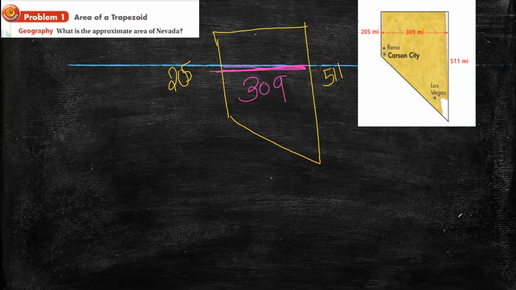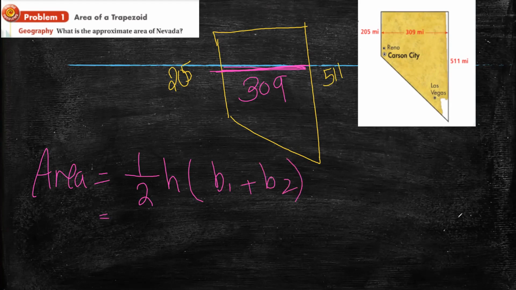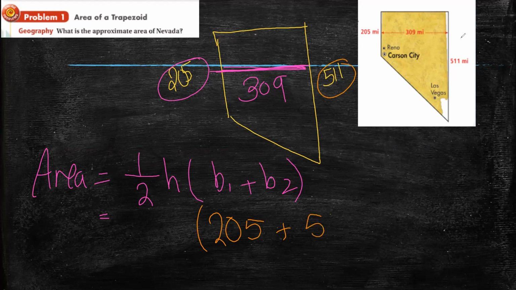So now let's find the area of the trapezoid. The area is half the height times base 1 plus base 2. Where's base 1? It is 205. Where's base 2? It's 511, times half. Where's the height, H? 309.